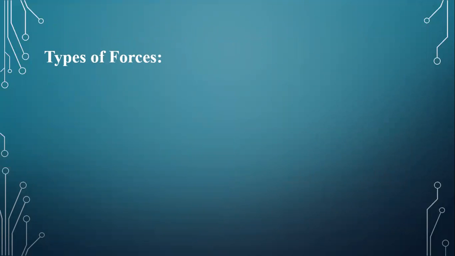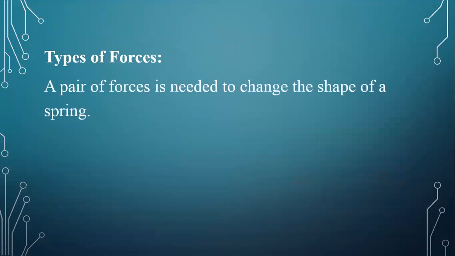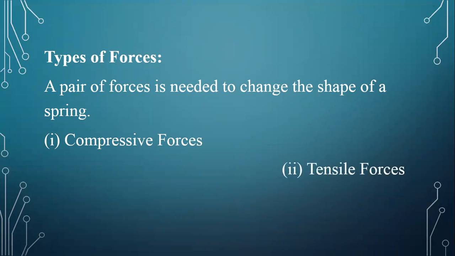So here are two types of forces. Whenever we have to produce a change in the shape of a spring, a pair of forces is needed, in the form of a compressive force and a tensile force. So there are two types of forces: number one, compressive forces, and number two, tensile forces.